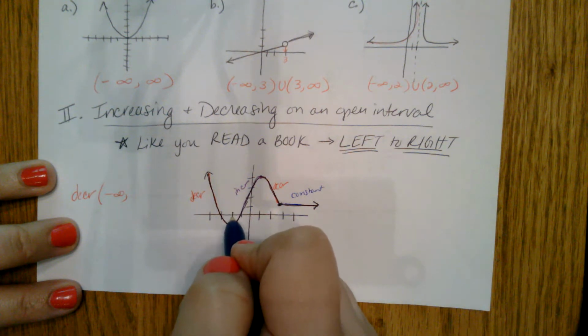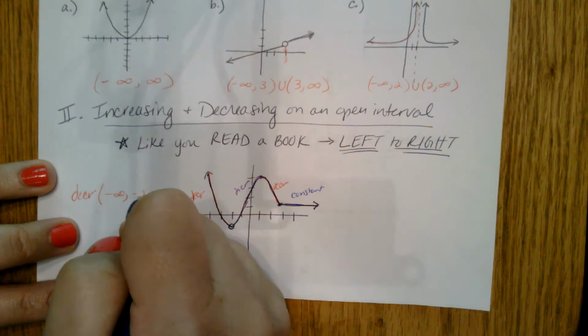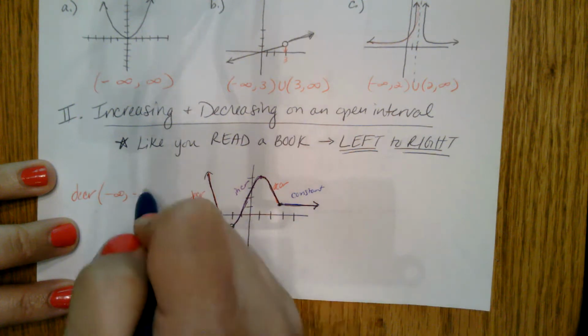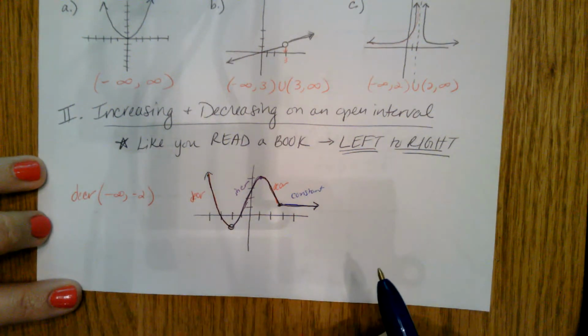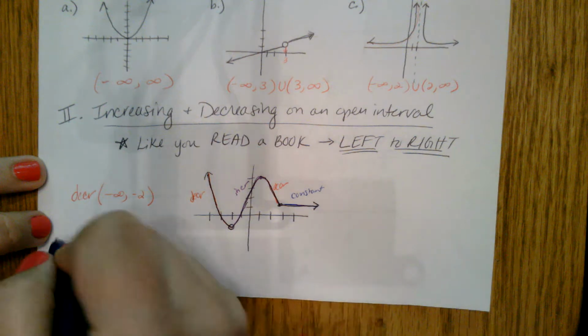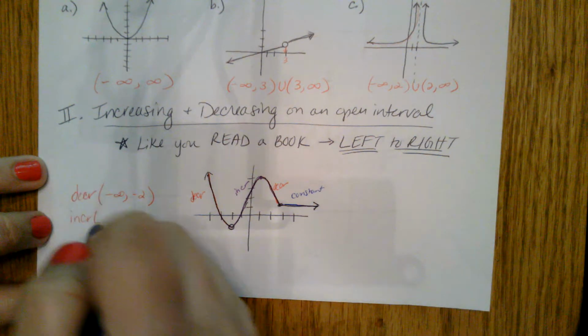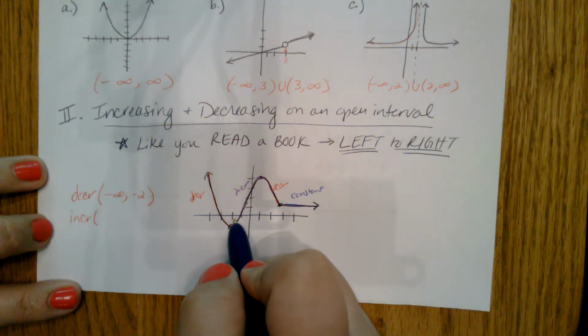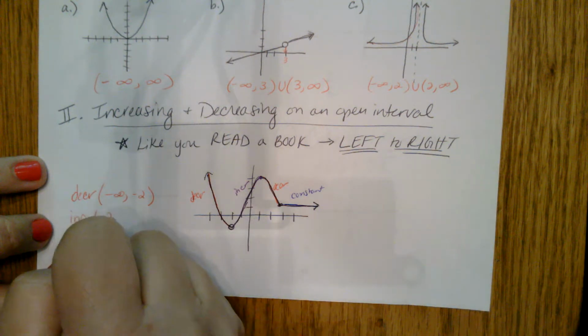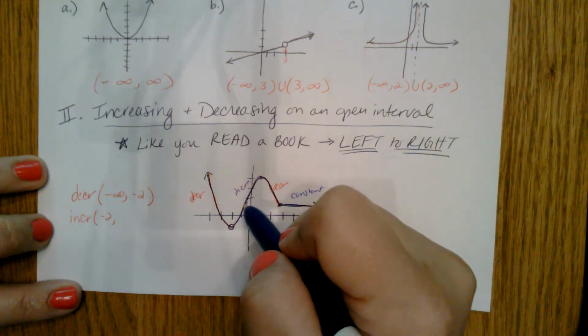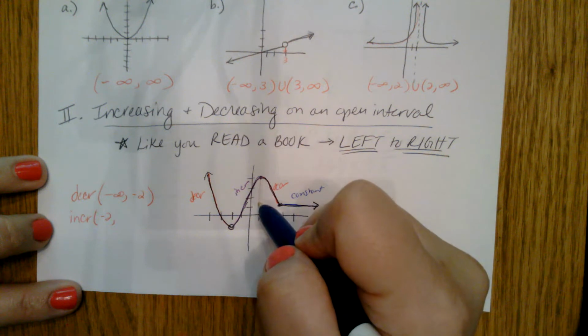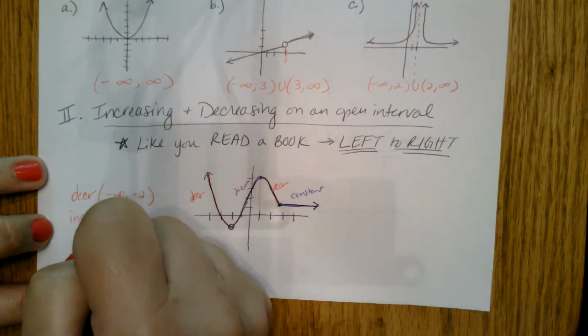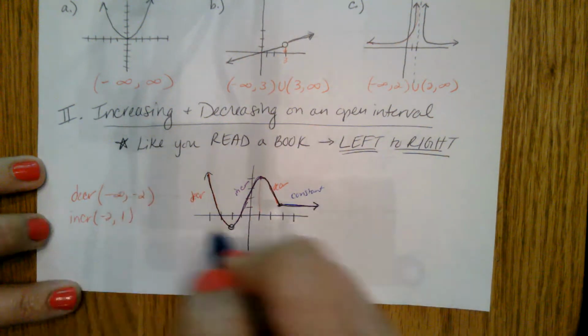Right here, right at negative 2. And it's open. Then I am increasing from where? From about 2, negative 2, excuse me, until about here, which is 1 on the x-axis.